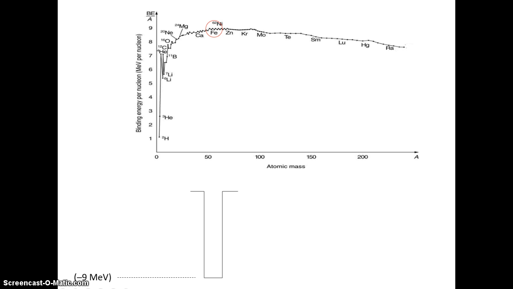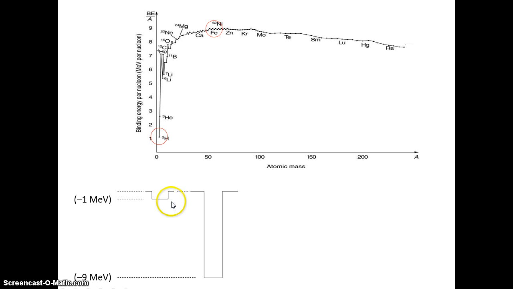So here is our binding energy curve. The deepest that the wells can get is right here at iron, and the well is about 9 mega-electron volts deep. Right over here at hydrogen 2, the binding energy per nucleon is about 1 mega-electron volt.